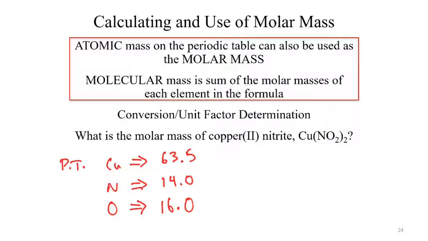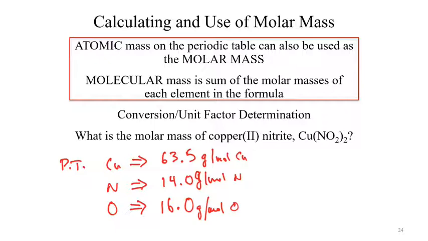Well, if we asked for atomic mass, those units would be AMU for each of those individual atoms. But because we're asking for molar mass, those units are now grams per mole. Per mole of what? Per mole of copper, per mole of nitrogen, per mole of oxygen.